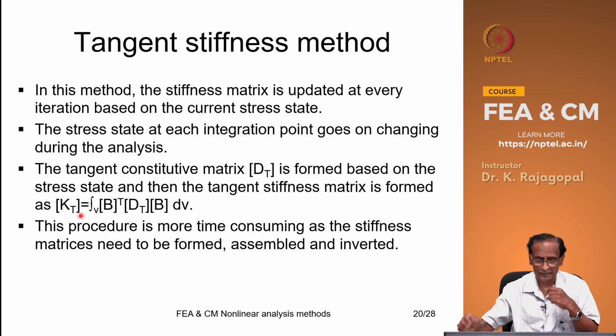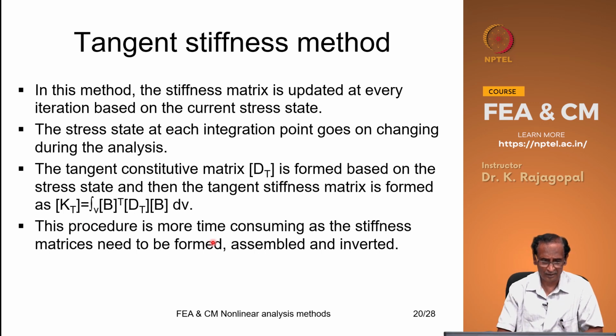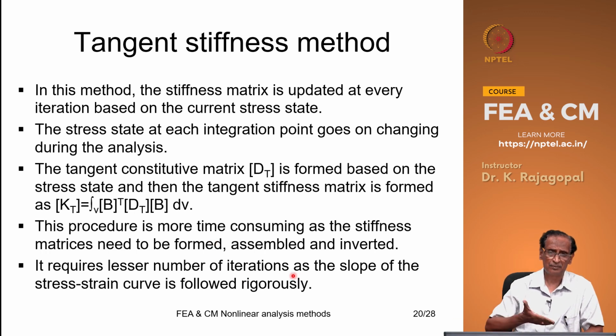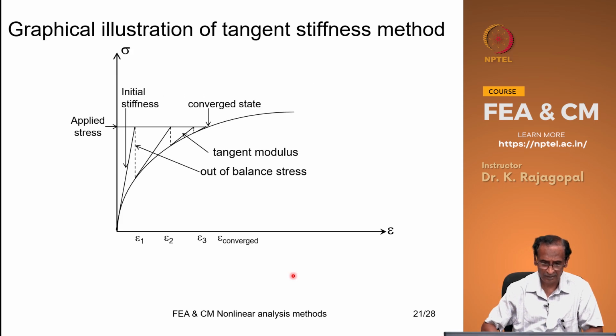And so this is actually a very highly involved process, and we need a lot of time and effort. And this tangent stiffness method requires a lesser number of iterations, because at each step we are estimating the new slope of the stress strain curve, okay?